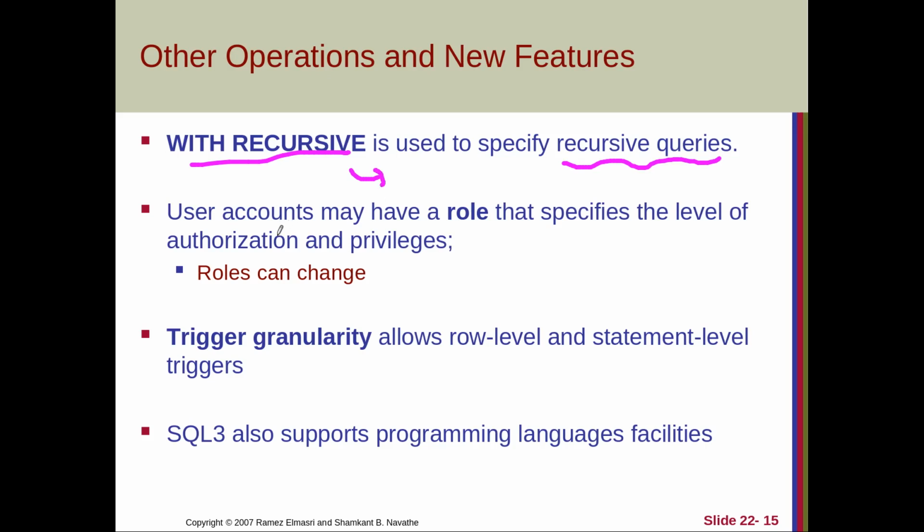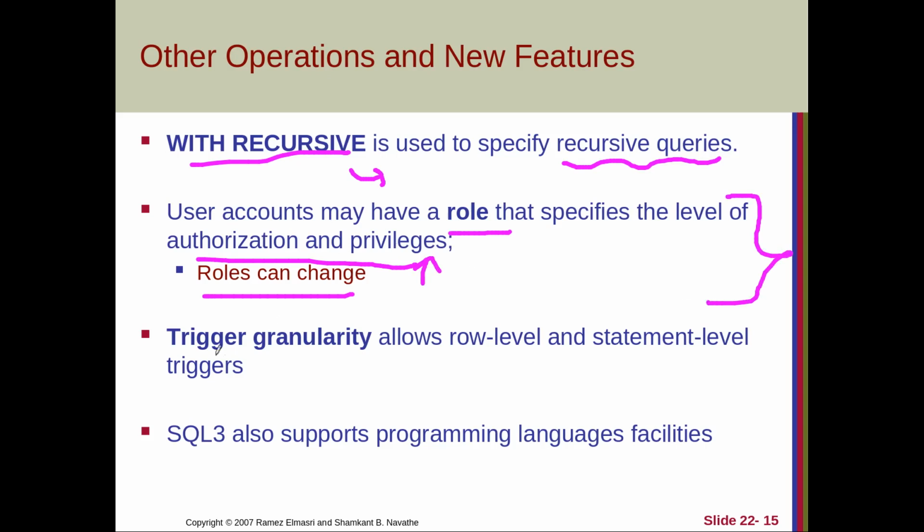Similarly, we can do some authentication modifications, that is, user accounts may have their role that specifies the level of authorization and privileges. We can change the role, we can provide some authorization to some user, we can provide some privileges. Basic authentication changes can be done with SQL 99.